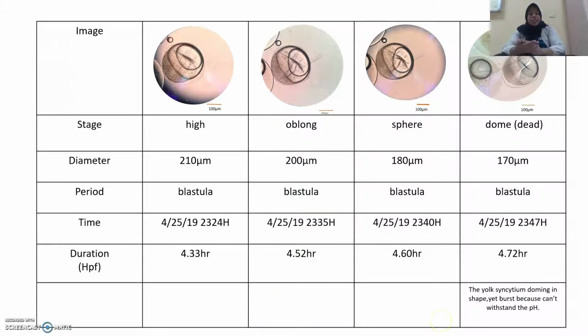This duration is very short. This is because the egg cannot withstand the high amount of basicity of the pH.